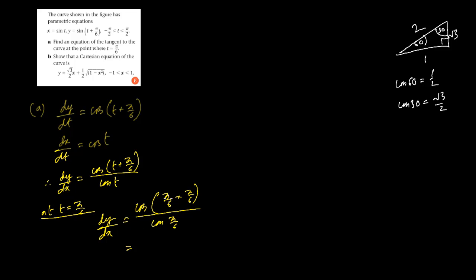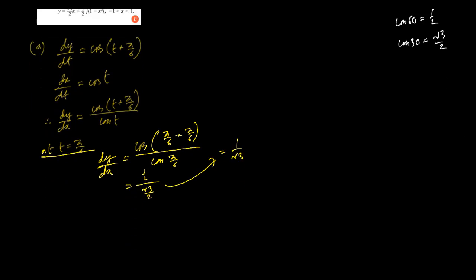So cos of 30 plus 30 is cos 60 degrees, we can write half divided by root 3 by 2. So the gradient is 1 by root 3.